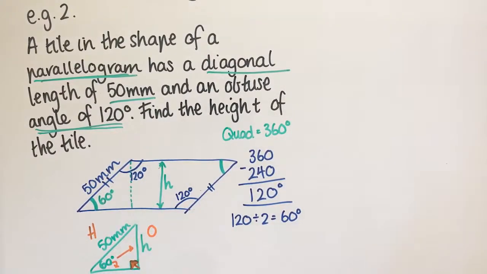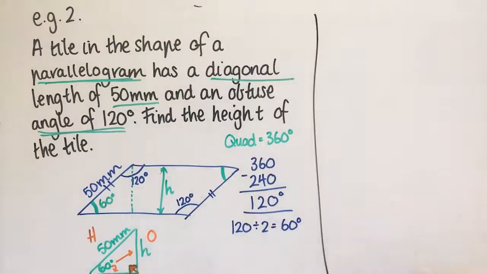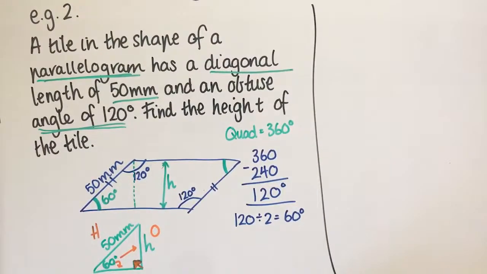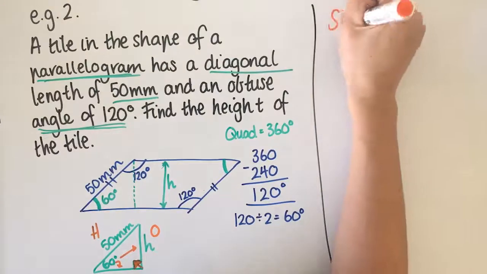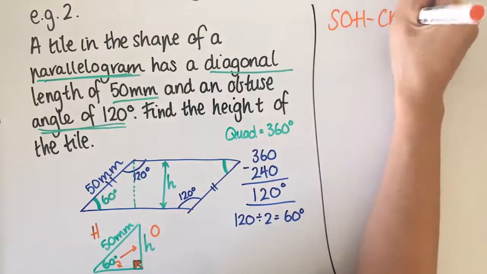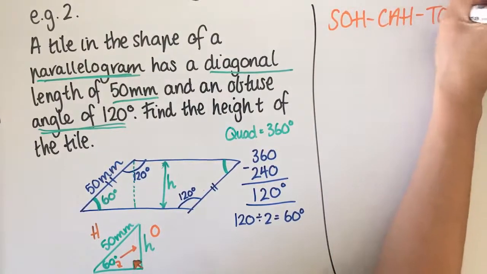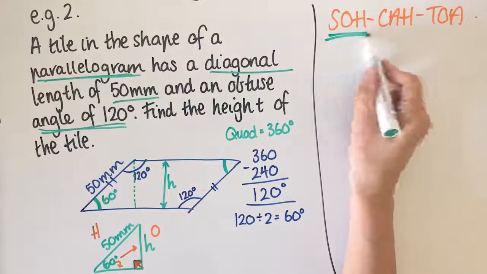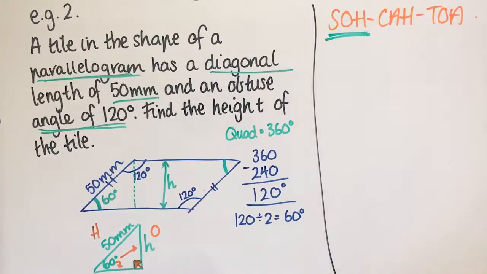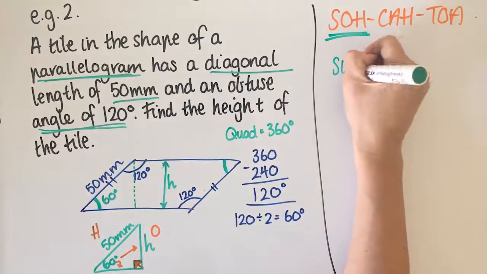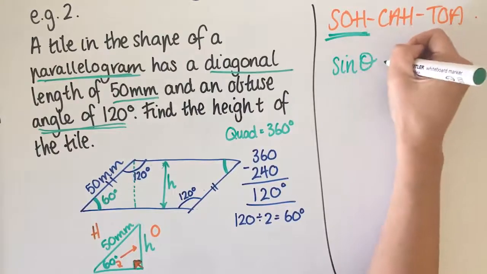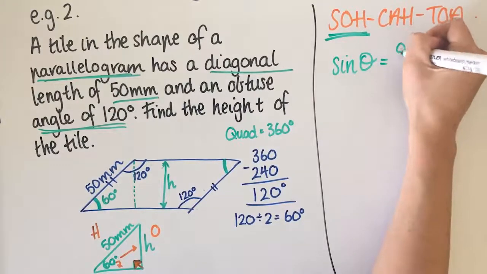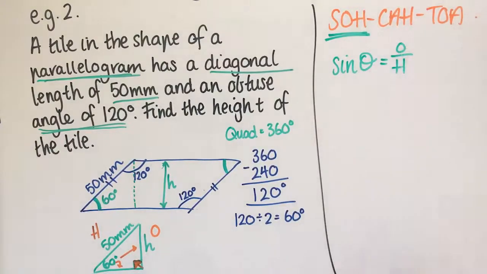So now I need to try and decide which trigonometric ratio I'm going to use. So I know that my trigonometric ratios are SOH CAH TOA. I need an O and an H. So an O and an H is sine. So I'm going to write sine of an angle, which I already know is opposite over hypotenuse.